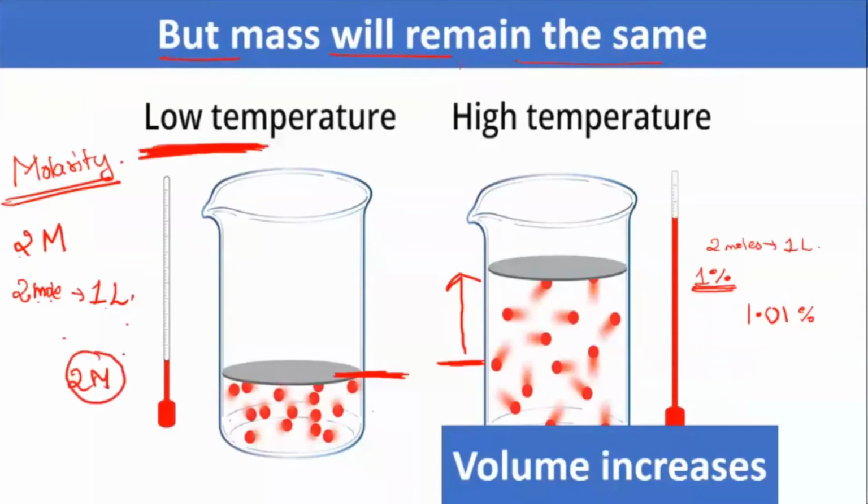But in this case, the moles will not change. It is 2 divided by the volume, which has increased to 1.01. So if I divide this 2 by 1.01, how much is the molarity you are getting?